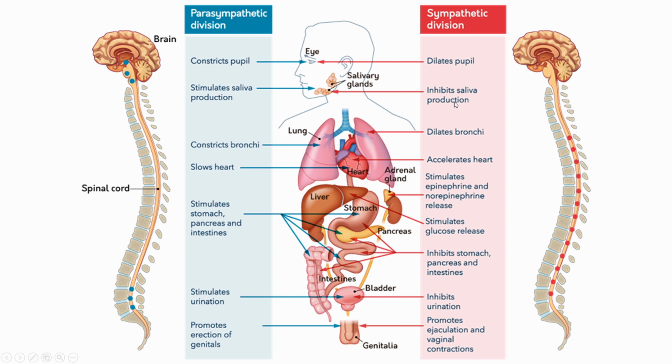Our sympathetic system will inhibit saliva production because we don't need to be eating or doing anything unnecessary, so we can halt those not useful actions in order to focus on fight or flight. And then, of course, the parasympathetic does the opposite. And so we can go down this list and look at these sort of contrasting functions and how they work.